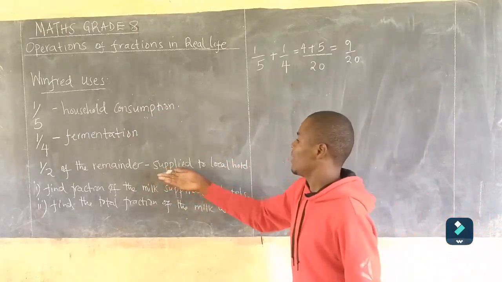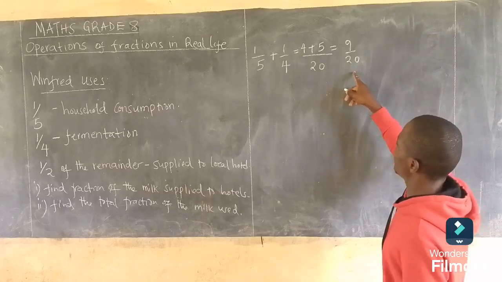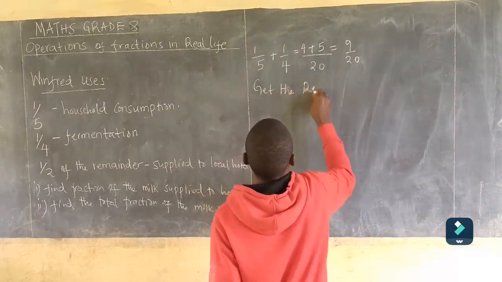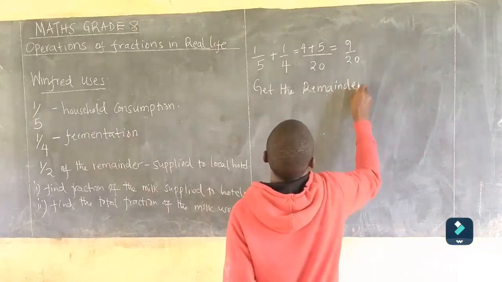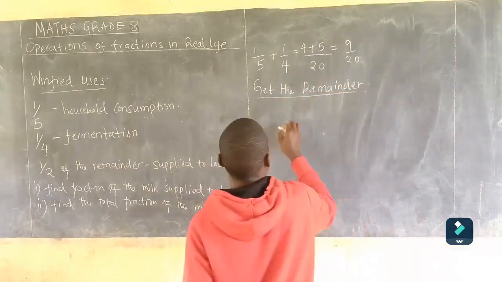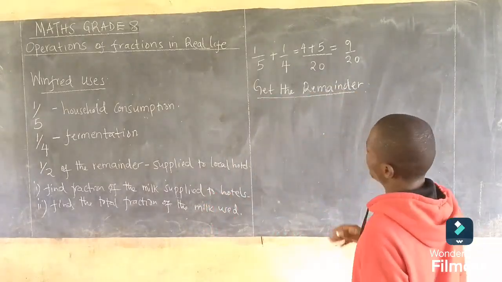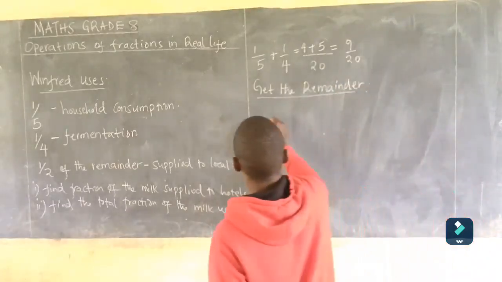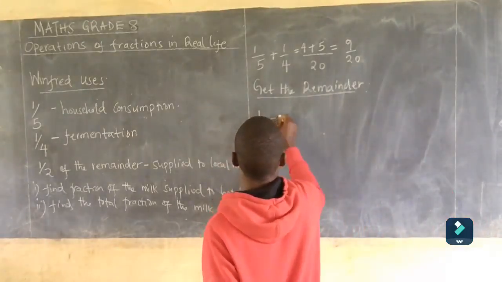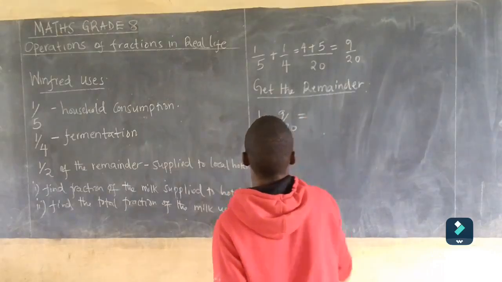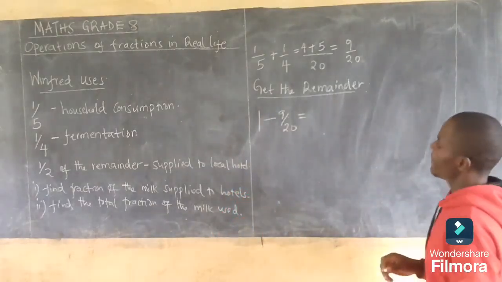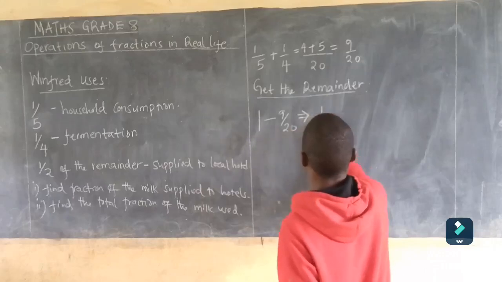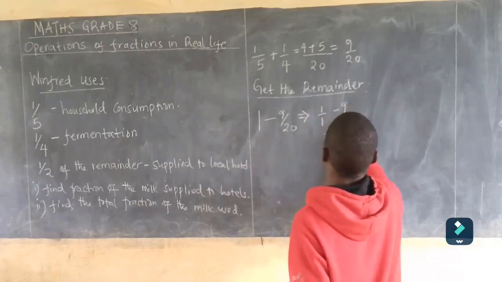Then half of the remainder is supplied, so let us see what is remaining. Get the remainder. If 9 over 20 is what is already spent, what is the remainder? The remainder is 1 minus 9 over 20, that is 1 over 1 minus 9 over 20.